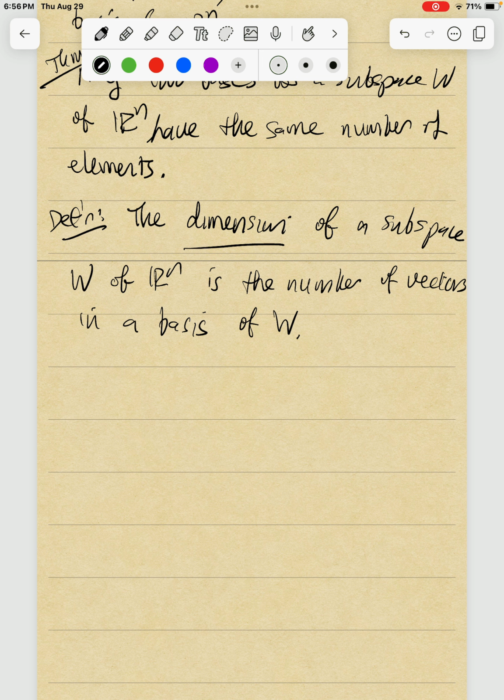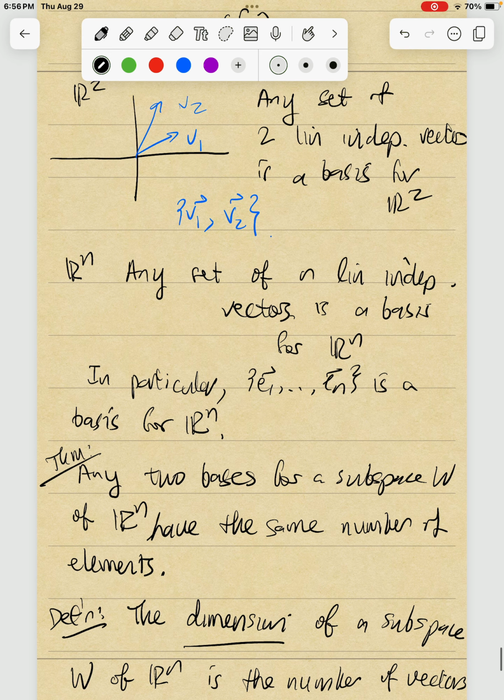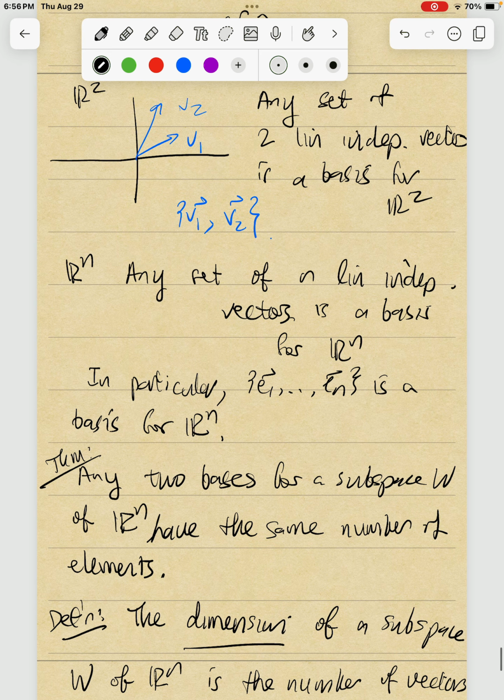So two different bases are going to have different vectors, but they will have the same number of elements, and you just count how many vectors are in one basis compared to another basis. That number is called the dimension. And since Rn has the standard basis, which has n elements, therefore the dimension of Rn is in fact n.